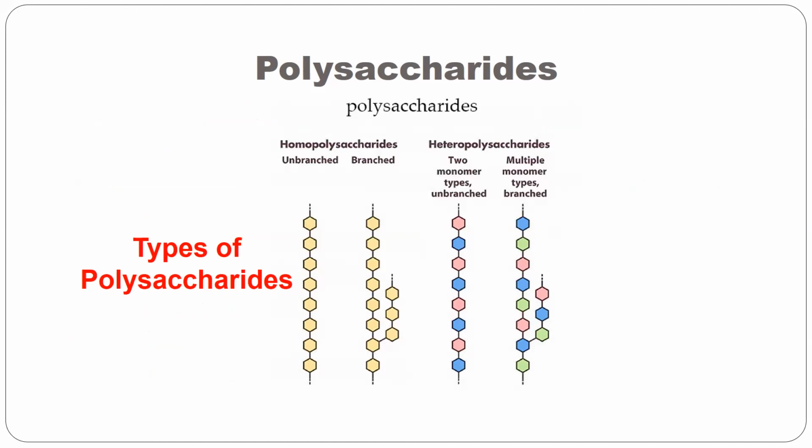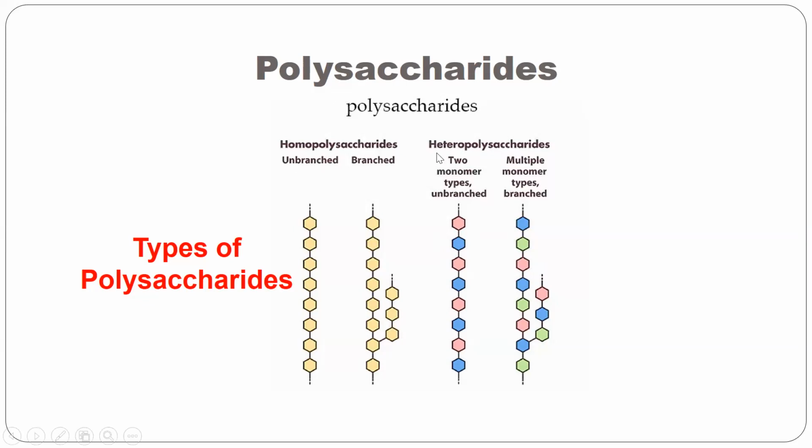In the heteropolysaccharides, there are 2 or more monosaccharides being repeated in the structure of the polysaccharide. Hetero meaning it's a mixture, there are 2 or more kinds of structures present in the polysaccharide.